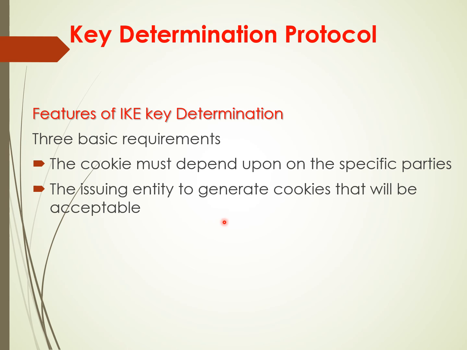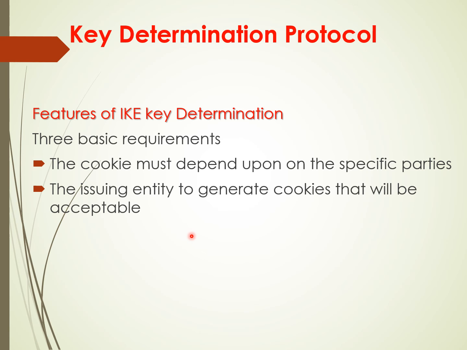So the issuing entity to generate cookies that will be acceptable. It must not be possible for anyone other than the issuing entity to generate cookies that will be accepted by the entity. This implies that the issuing entity will use local secret information in the generation and subsequent verification of a cookie.